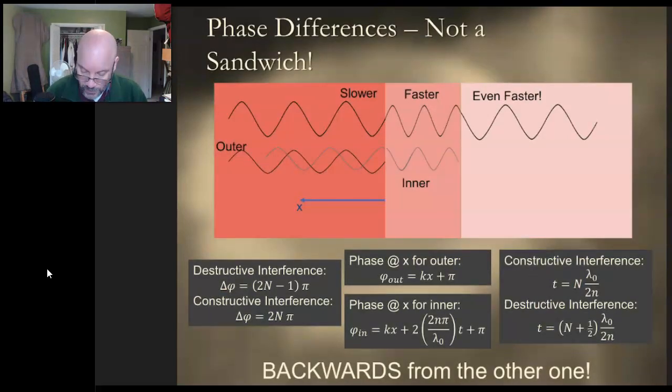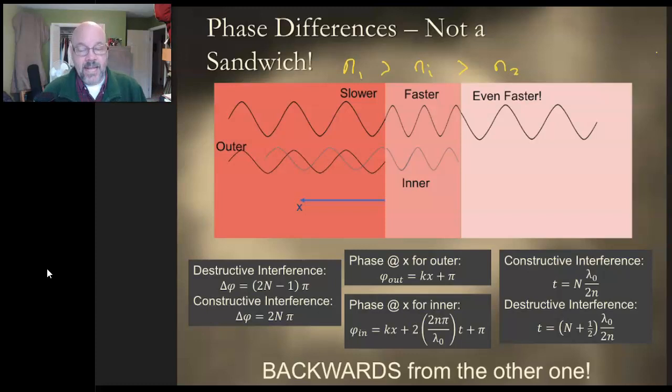So we could have a situation like this, where we've got N1, N on the inside for our layer, and then N2 like this. Now, if we're going slower, faster, even faster, then our indices of refraction are like this, and I would call that an asymmetric thin film situation.